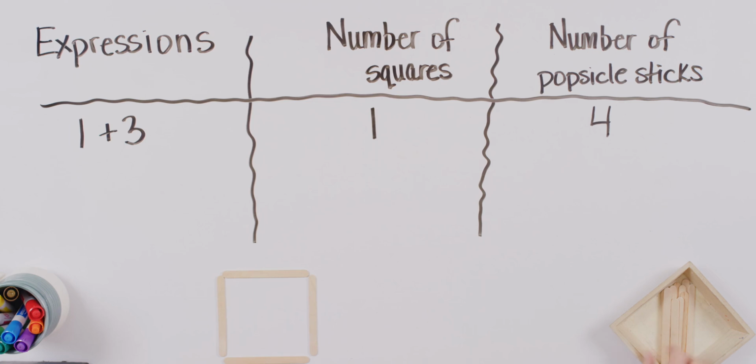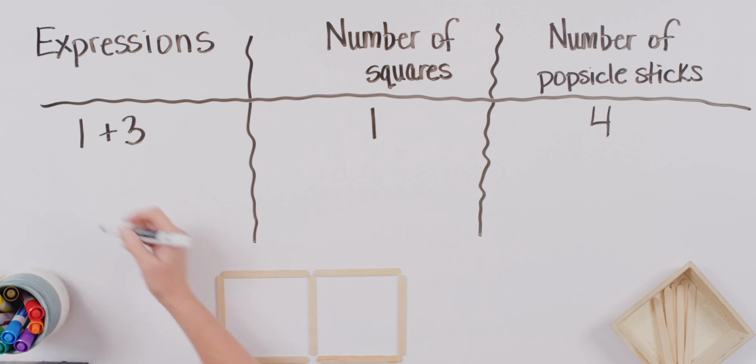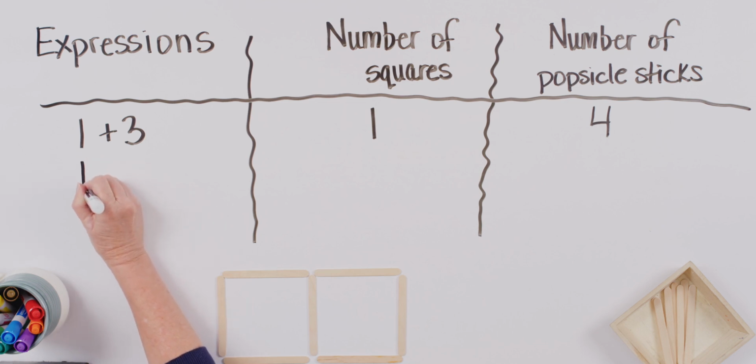All right, now what if I want to add onto my square to create another square? How many would I need to add to this? 1, 2, 3 more, right? Do you see 2 squares now? So now my expression is going to be 1 that I started with.